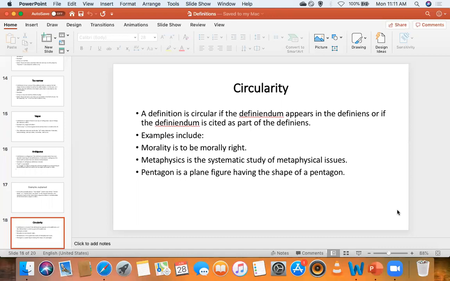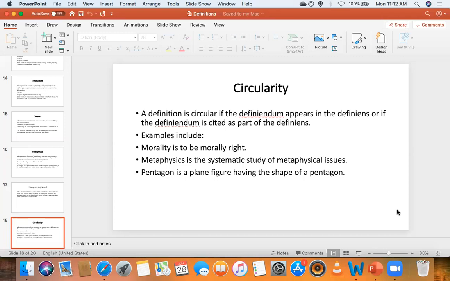You are recycling the definiendum as the definition of the definiendum. For example, morality is to be morally right. Someone who is looking for the meaning of morality, if you say it means to be morally right, you've not told the person anything new about morality.